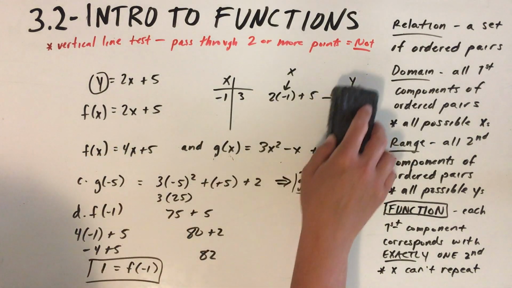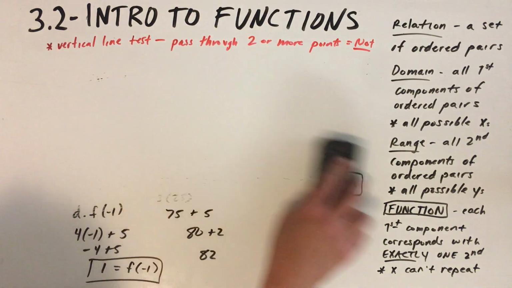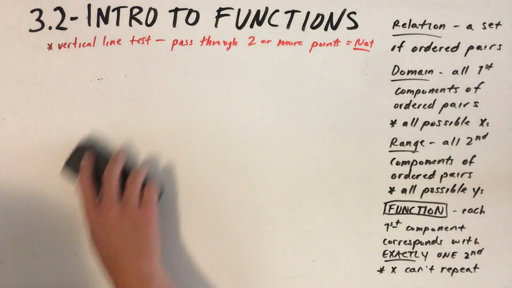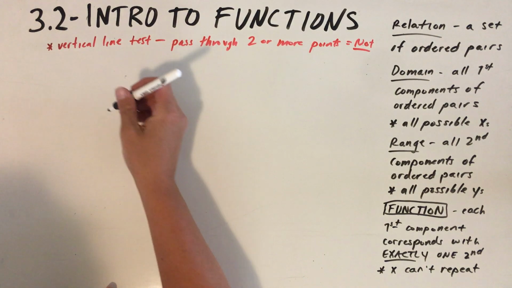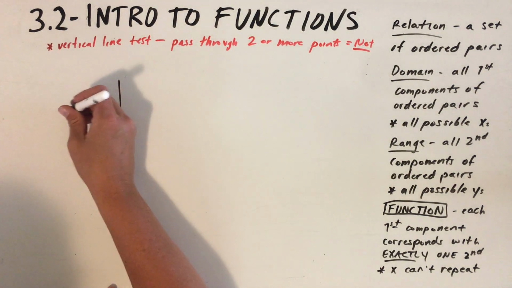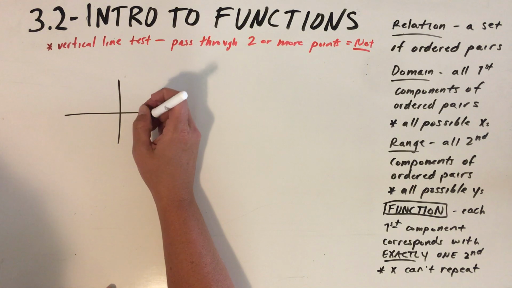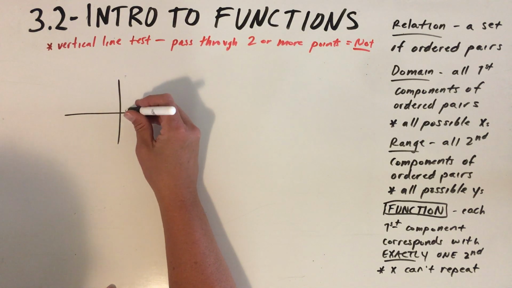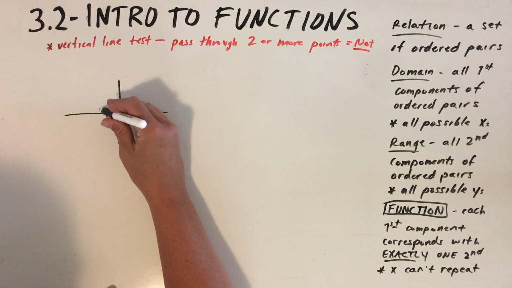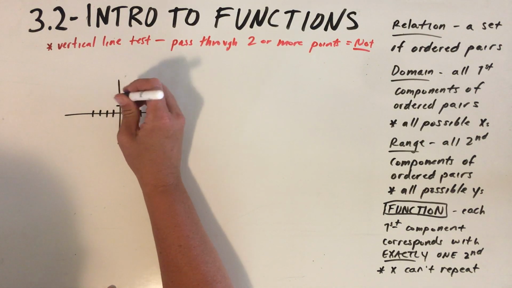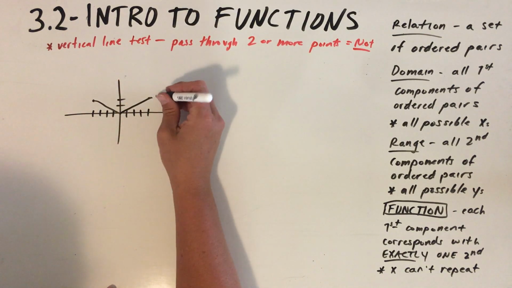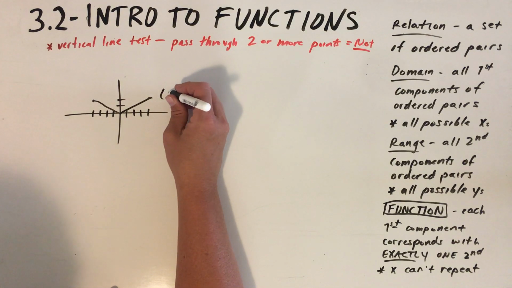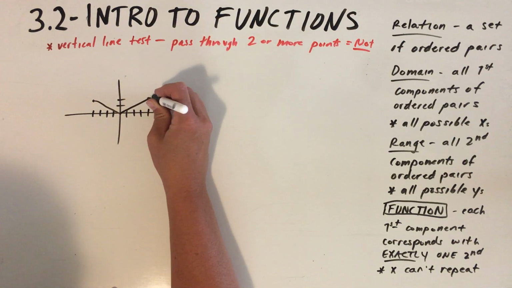If you were given certain graphs and you were asked to find a value by inspecting the graph, okay, so for instance, if we had the graph, and this is the point 4, 2 right here.